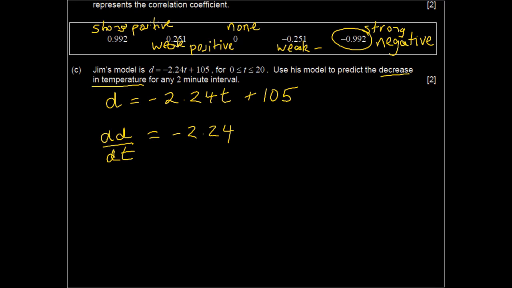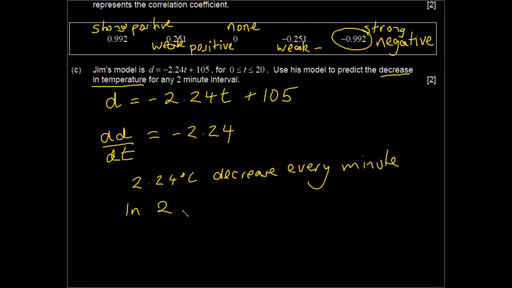So the change is 2.24 degrees C decrease every minute, which means that over 2 minutes it's going to be 2 times that, so it's going to equal 4.48 degrees C.